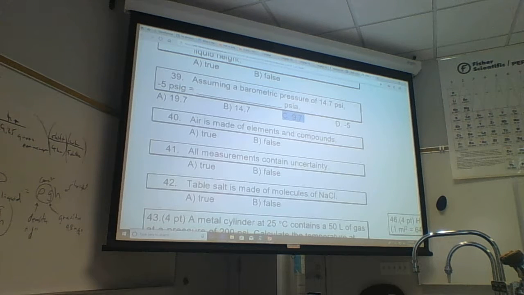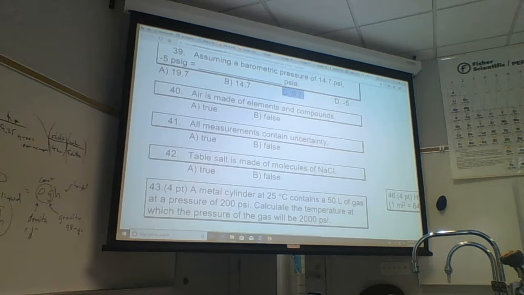So PSIG is the gauge. PSIA is the absolute. If you want to do this, you just draw a gauge that shows both readings. Then 0 PSIA is equivalent to minus 14.7 PSIG, assuming that.